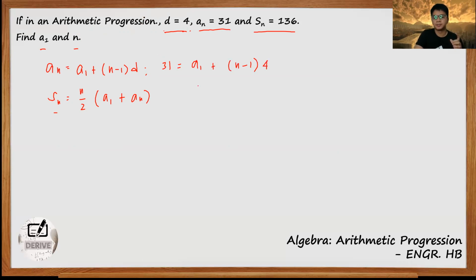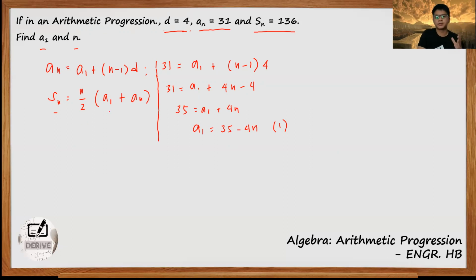So that will become 31 is equal to a sub 1 plus 4n minus 4. And that will be 35. Pukul sa kabila si 4 is equal to a sub 1 plus 4n. So sabihin na natin in terms of a1. So that will become 35 minus 4n for our first equation.